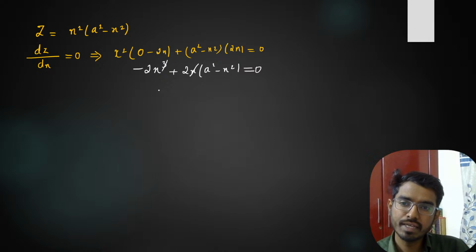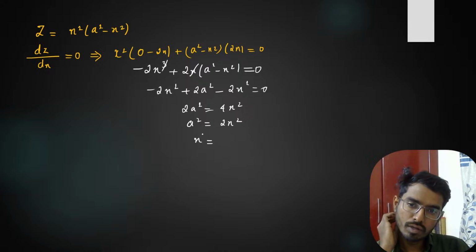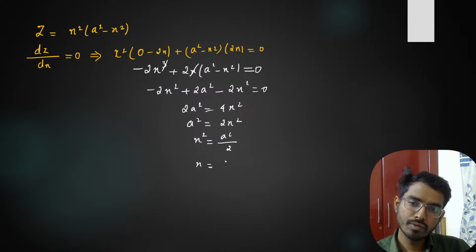So we will cancel 1x. So we will have minus 2x square plus 2a square minus 2x square is equal to 0. So 2a square is equal to 4x square. So a square is equal to 2x square. That means x square is equal to a square by 2. So x is equal to a by root 2, right?